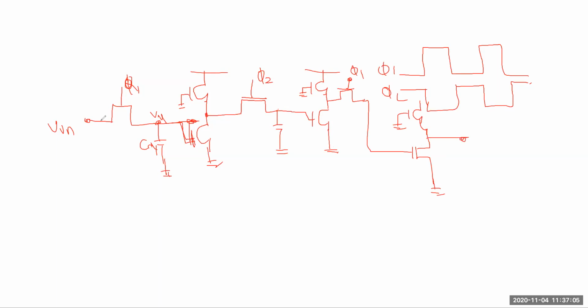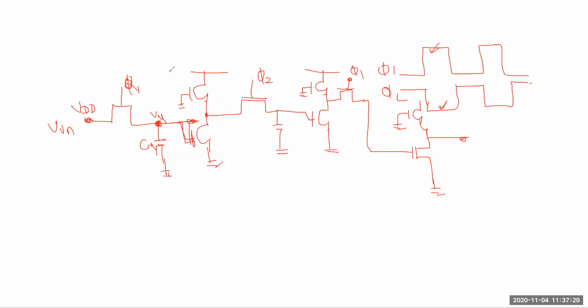Now you can see, if you give V in here, suppose VDD, when phi 1 is 1, that will pass to here, and that time this will be off because phi 2 will be 0. Yes or no?